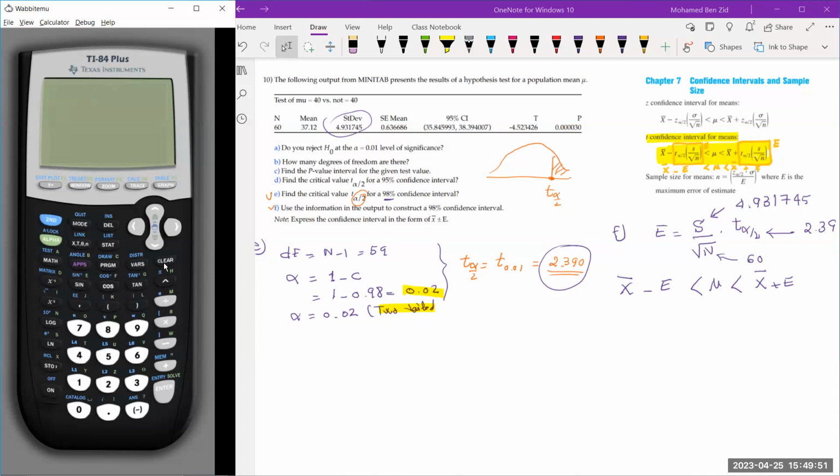All right, so let's do this. It can be 4.931, I'm going to put them all, 745. I'm going to multiply it by 2.39.